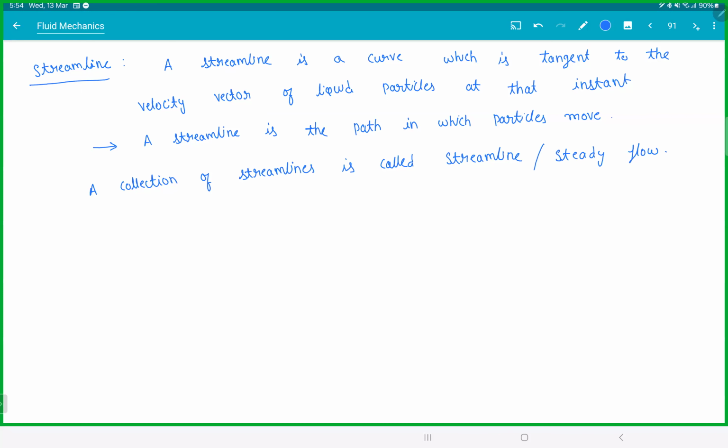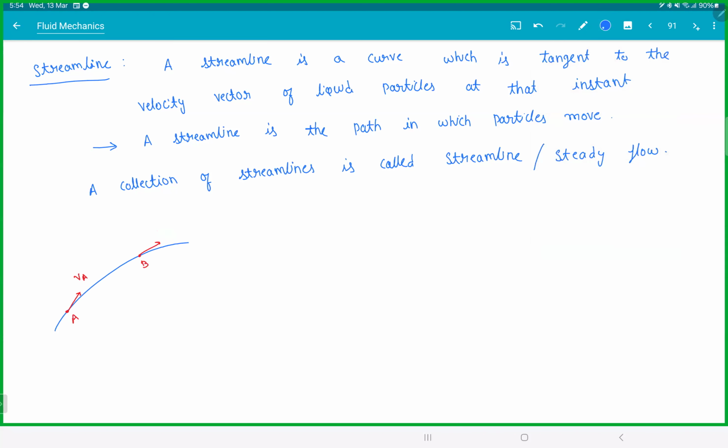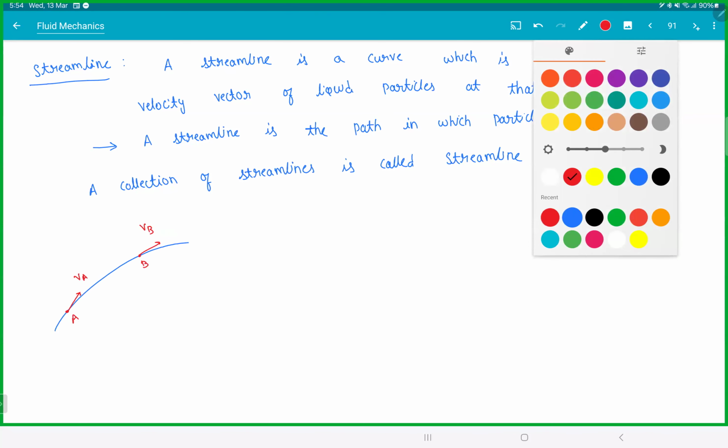So again, what do you mean by this? I have explained this in steady state in thermodynamics and heat transfer. So if you take a streamline, at each point, let's say this point A, the velocity of the particles is VA. At point B, the velocity of the particles is VB. So velocity at a given point is constant. The velocity of the particles is changing along the path, but when a particle comes to that particular point, the speed is constant.